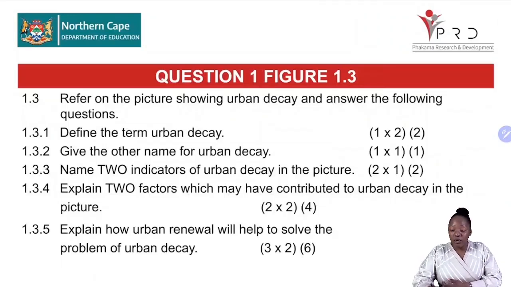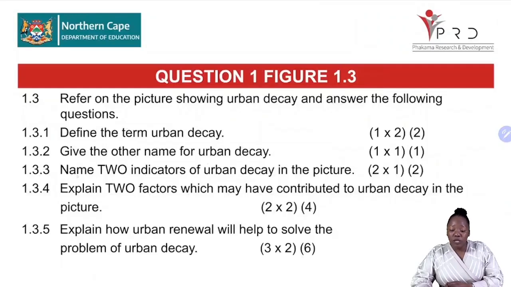You can imagine if you don't understand what urban decay is, then you won't be able to even answer the questions. So figure 1.3 is out of 15 marks. All the definitions are worth 2 marks.